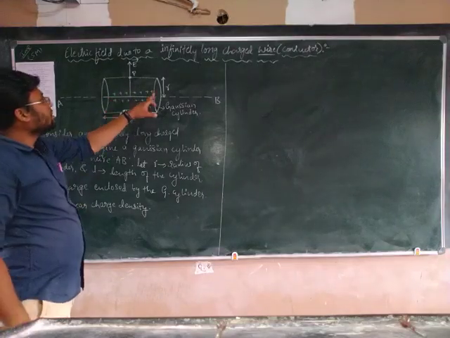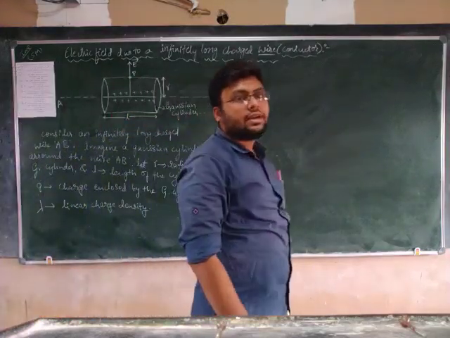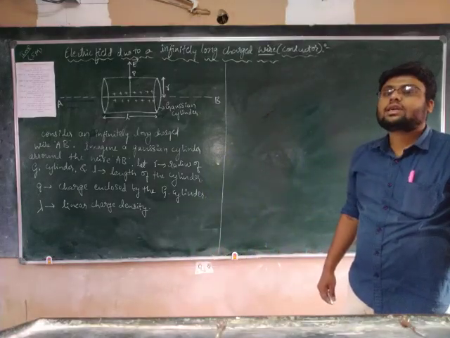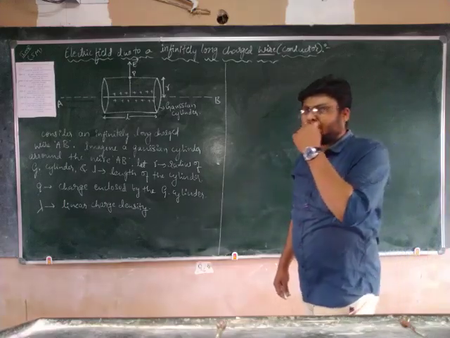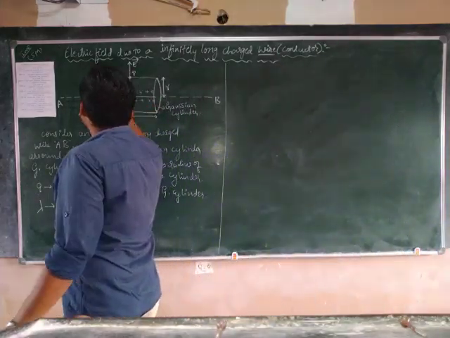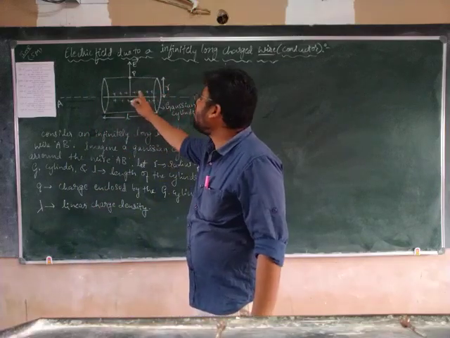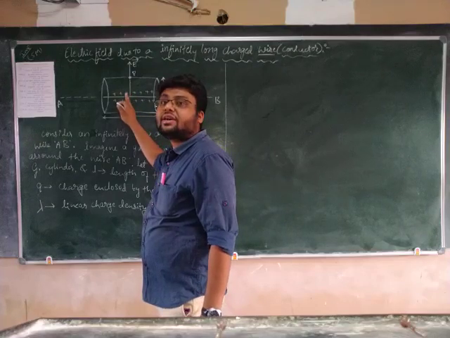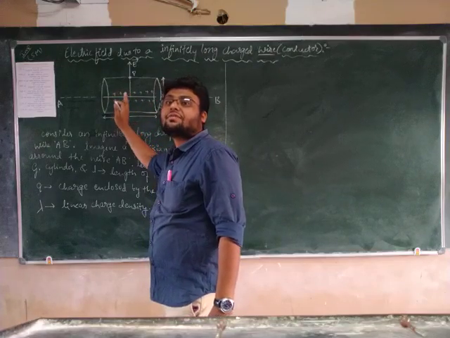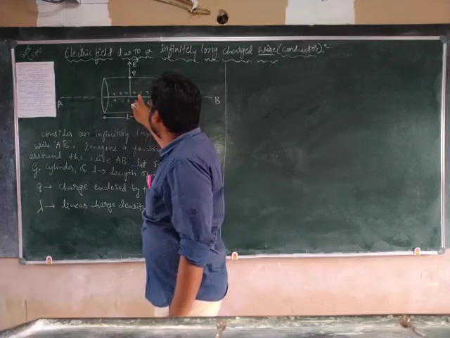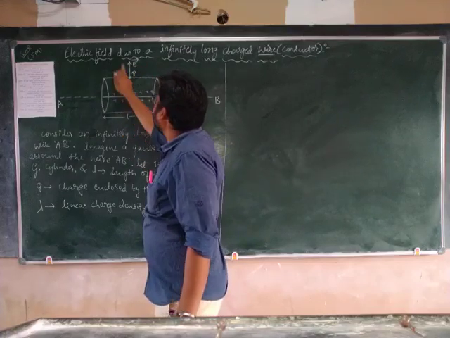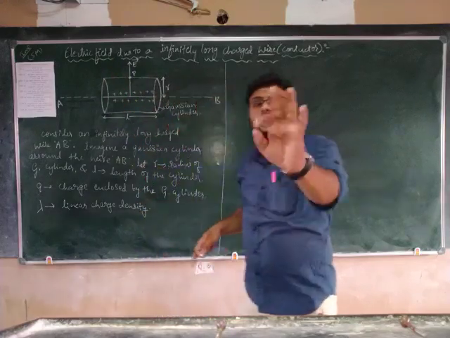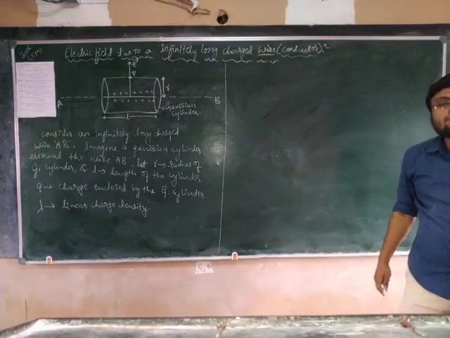Now, in this Gaussian medium, we are going to have the electric field. If there is an electric field, there must be an electric flux. Now we will discuss the electric flux. Here the charges were arranged in this manner, and I have considered positive charges. So electric field lines will be exactly perpendicular to the surface of the conductor, that is, the surface of the wire. That means all the field lines are in this downward direction, because the field lines should be perpendicular to the surface of the wire.